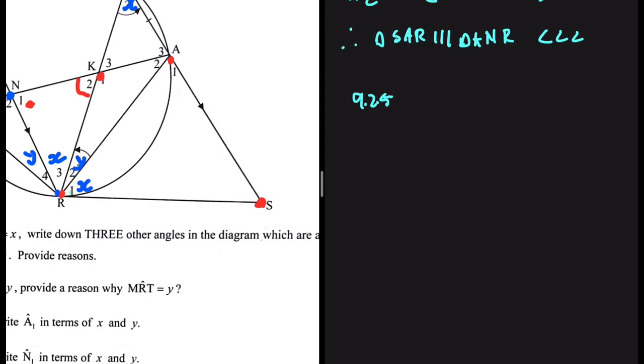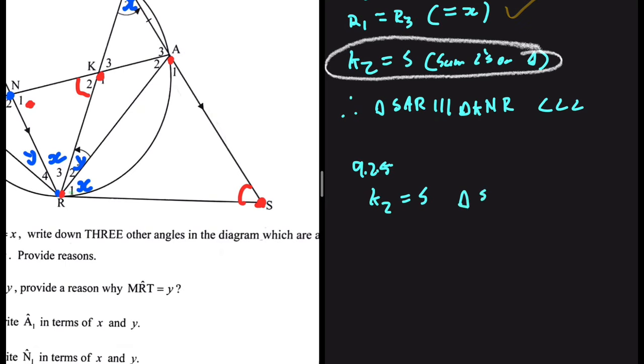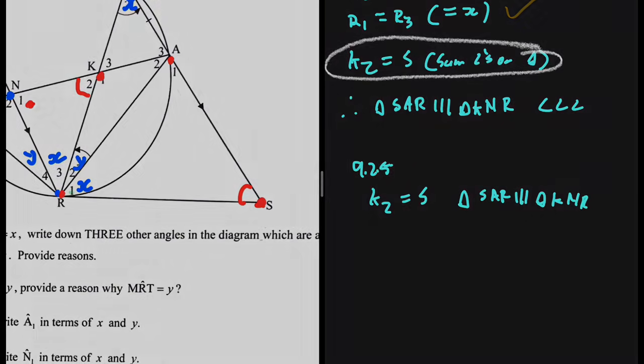K2 is equal to angle S, as you can see right here. This is because triangle SAR is similar to triangle KNR. So SAKR will be a cyclic quad because the exterior angle is equal to the interior opposite.